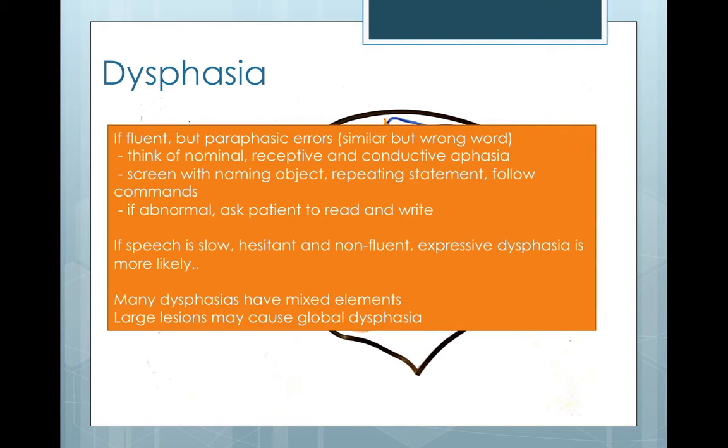So in summary from this point of view, if someone's got fluent speech but there's paraphasic errors, so they get similar but the wrong word, think of the nominal, receptive and conductive dysphasia, and that, as before, screening with naming objects, repeating statements and following commands. And you can also test this further by getting someone to read and write. If someone is speaking slowly, hesitantly and non-fluently, expressive dysphasia is a more likely problem. Unfortunately, many dysphasias have mixed elements, and large lesions can cause a global dysphasia.